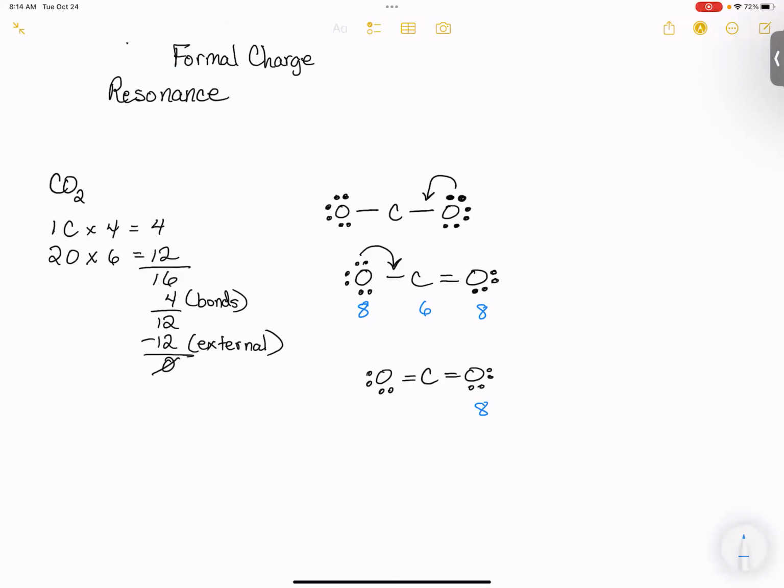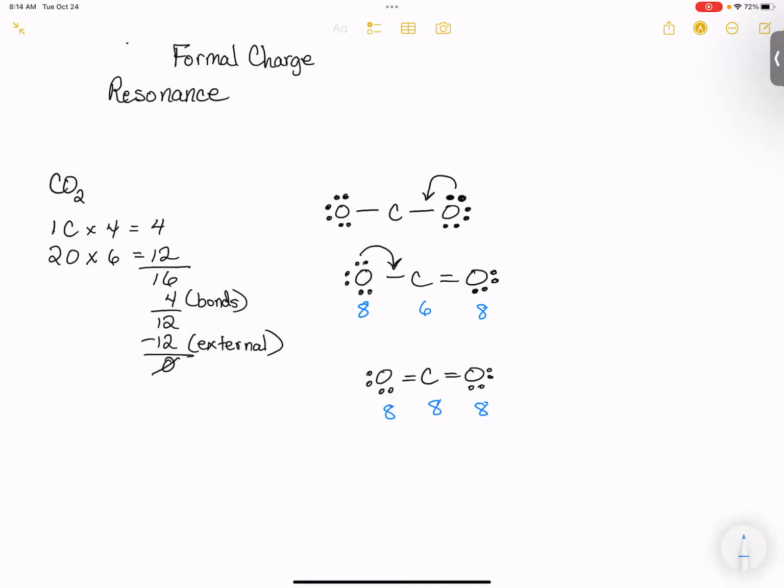We didn't manipulate it. So it's really the other 2 atoms that we have to ask, do they have their octet? The oxygen on the left has an octet because it has 4 in the bonding groups and it has 4 in the non-bonding groups. The carbon also has an octet because it has 4 in each of the double bonds. 4 times 2 double bonds is 8. So this is the structure for carbon dioxide.